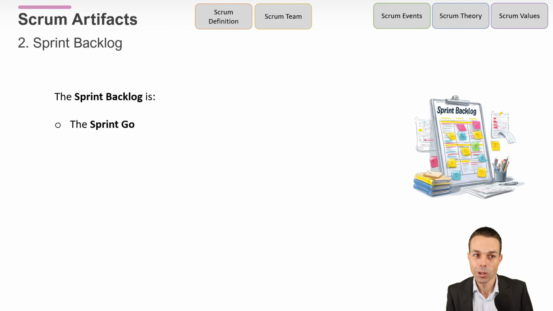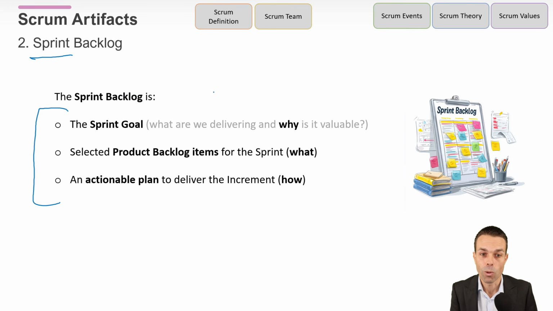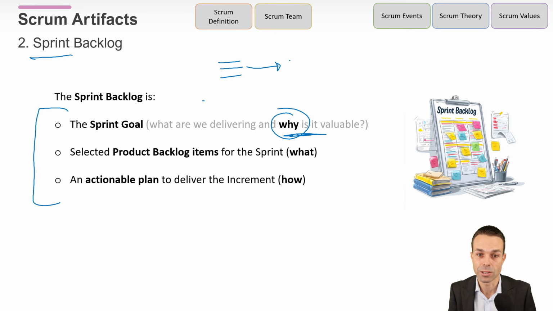Now, number 2 is the sprint backlog. With the sprint backlog, it's comprised of a few things. The sprint goal. So why is what we're delivering valuable? It's the why behind what we're doing. Then the product backlog items that we're going to deliver in the sprint. They have to be small enough to deliver in the sprint. If they're not small enough, we need to break them down further. And then an actionable plan to deliver that increment.